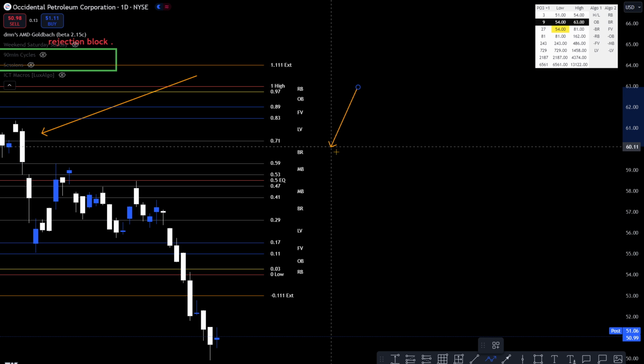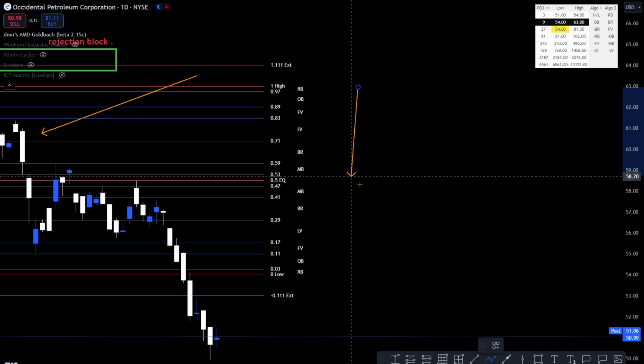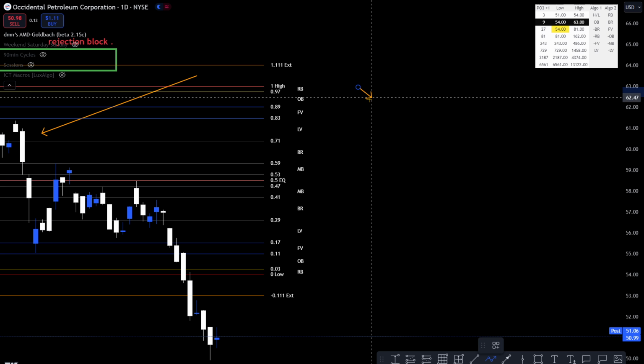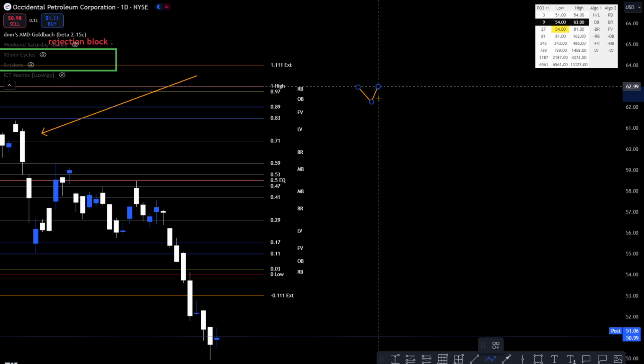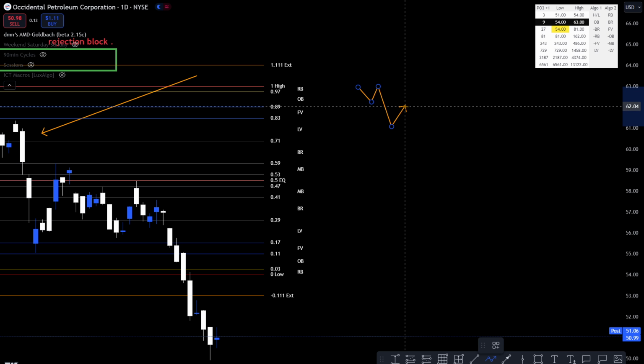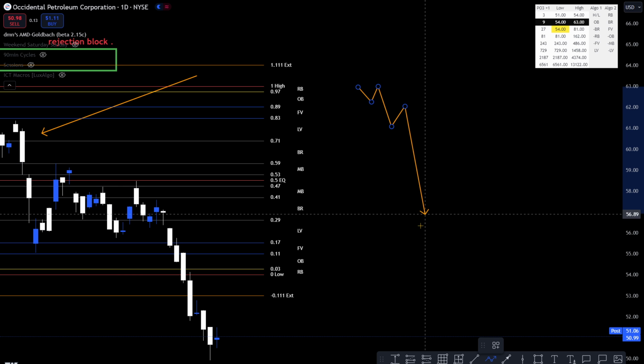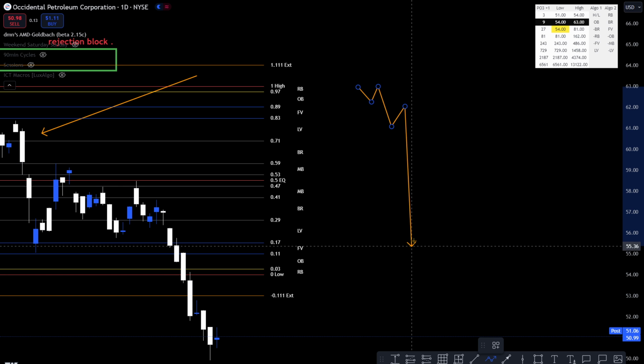It's going to pop down all the way to this, like, you know, kind of hit the rejection block. It's going to come down, hit the order block, and then it's going to give you consolidation down here at this opposite breaker.